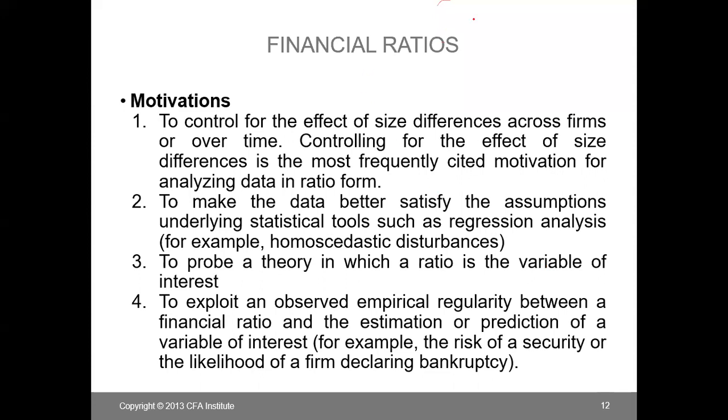The term single exposure limit is more appropriate. When you are engaging heavily with a particular company, you are increasing the likelihood of getting bankrupt. So for these purposes also, financial ratios are used.